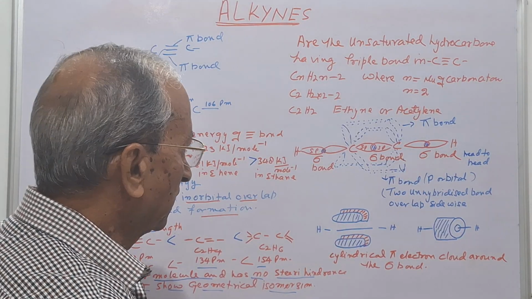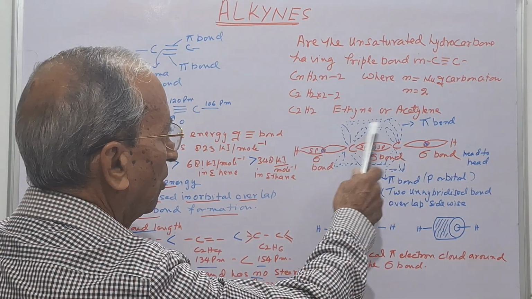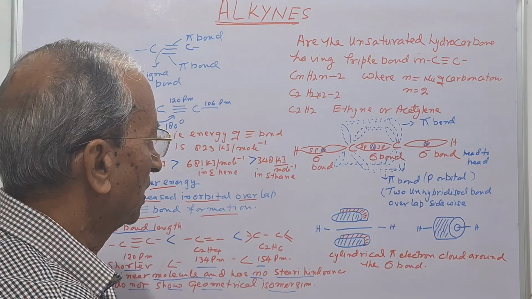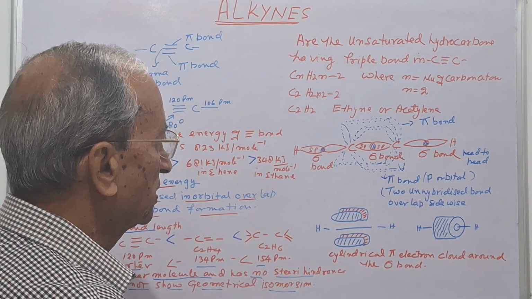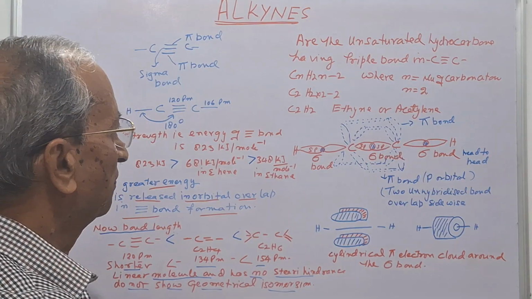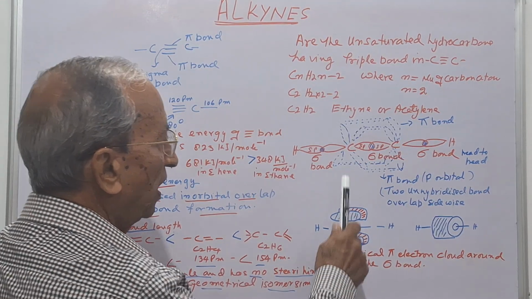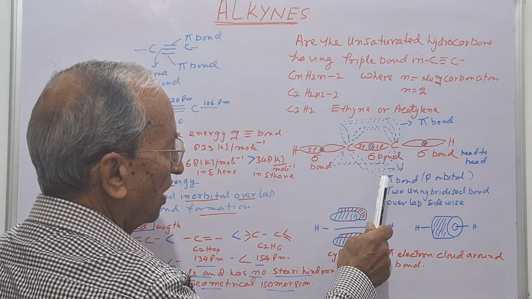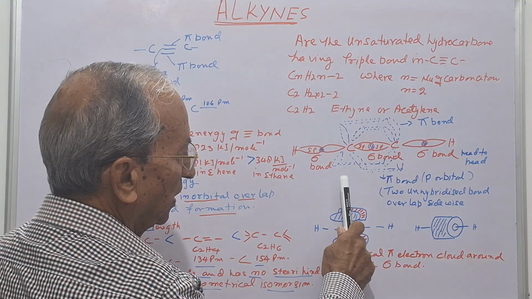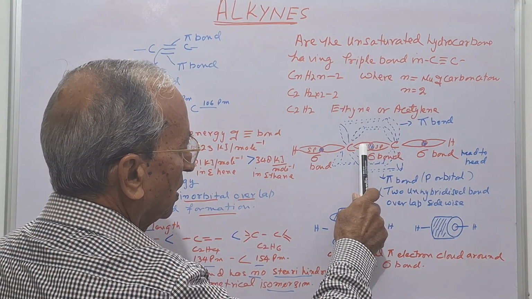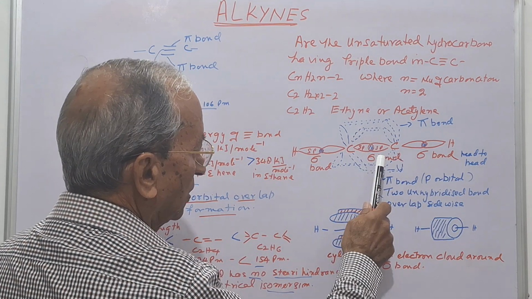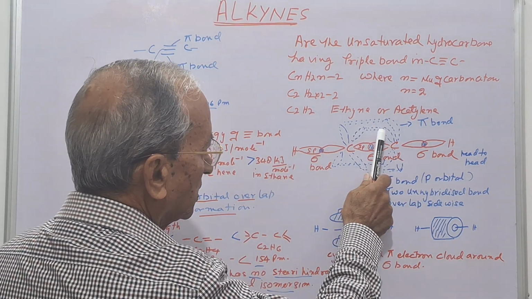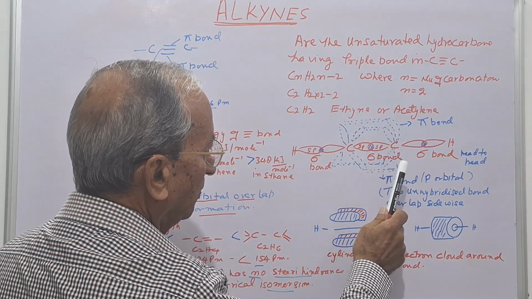Now the most important thing is the p orbitals. See, two unhybridized p orbitals are there, and these p orbitals overlap sidewise to form the pi bonds. Two pi bonds. See here, this is the sidewise overlap.